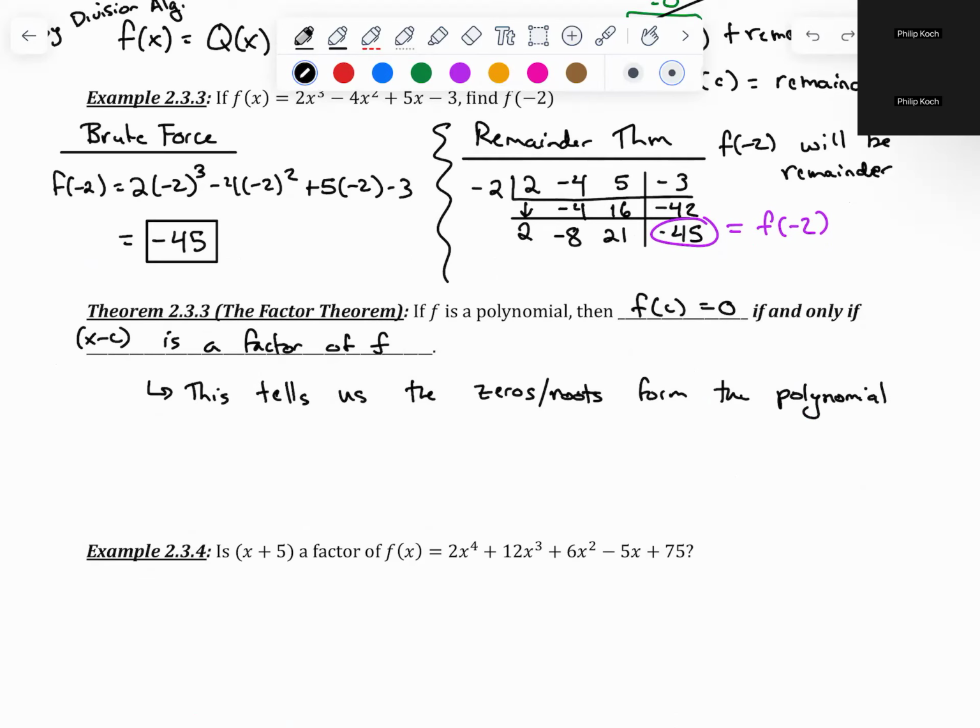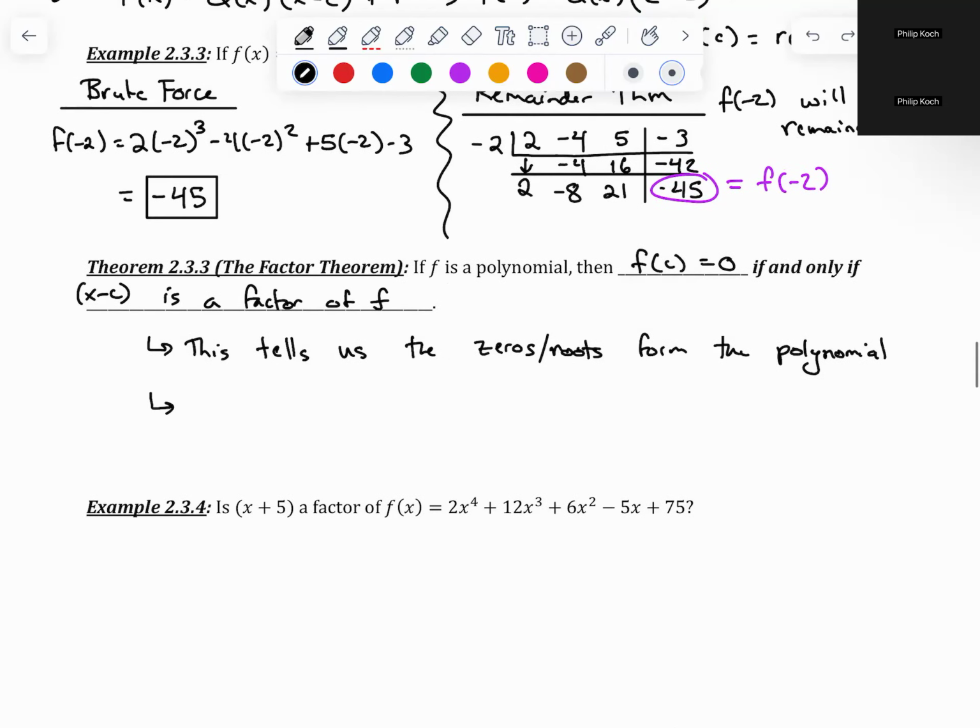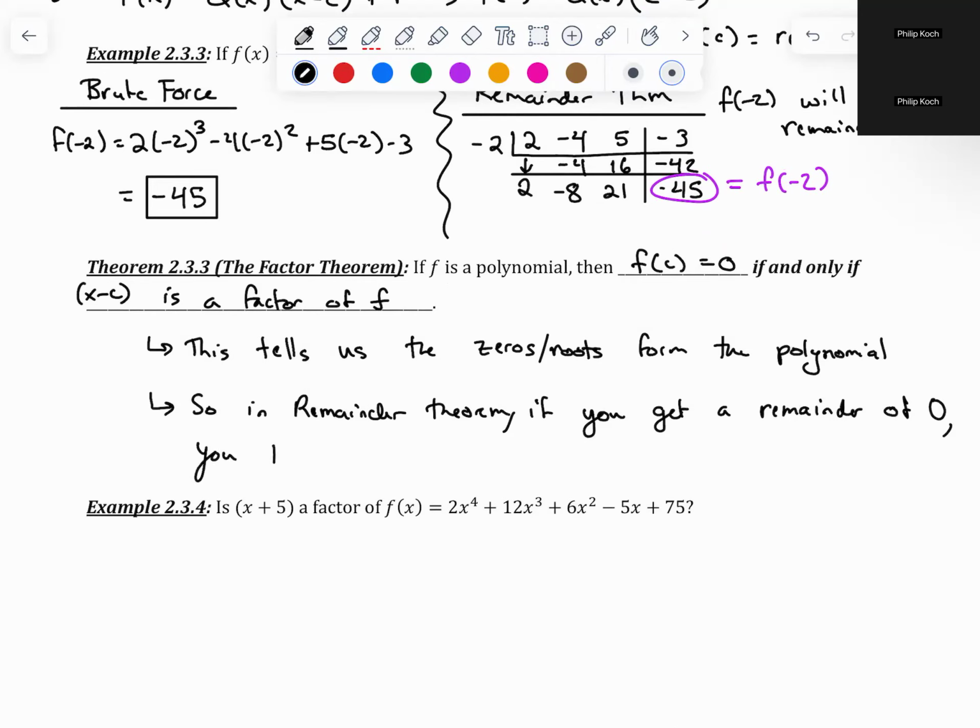So here's why the remainder theorem is pretty nice: if you get 0 for your remainder, that's f of c. So in the remainder theorem, if you get a remainder of 0, you know x minus c is a factor.